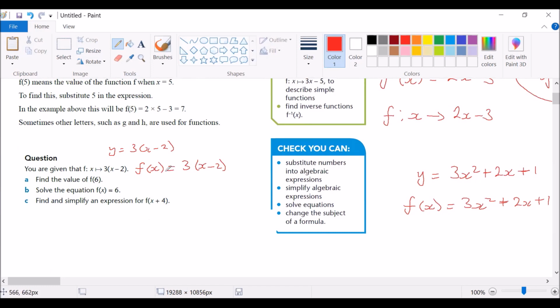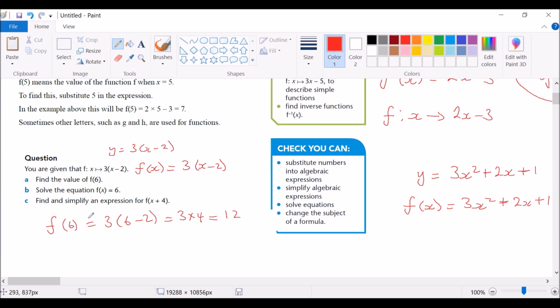Whenever we see x, we substitute with 6. So f of 6 is 3 times 6 minus 2, which is 3 times 4, which is 12. So this question is just saying, what is the value of y when x is 6?